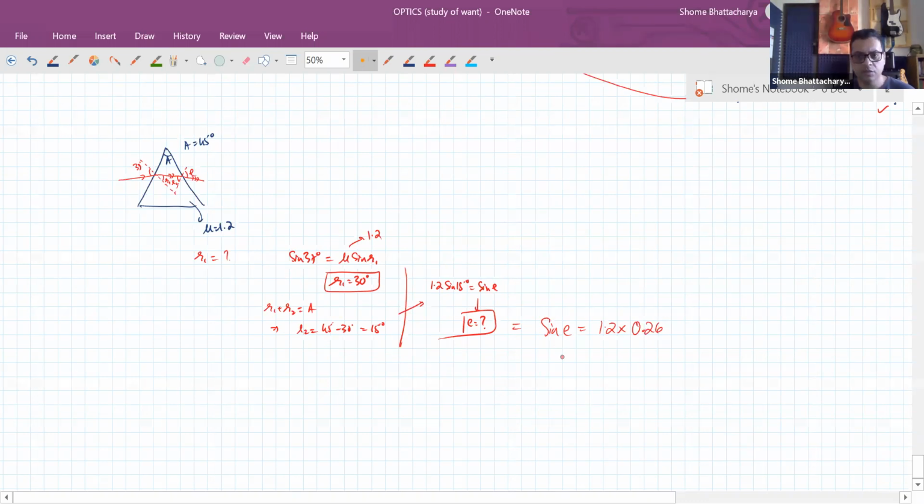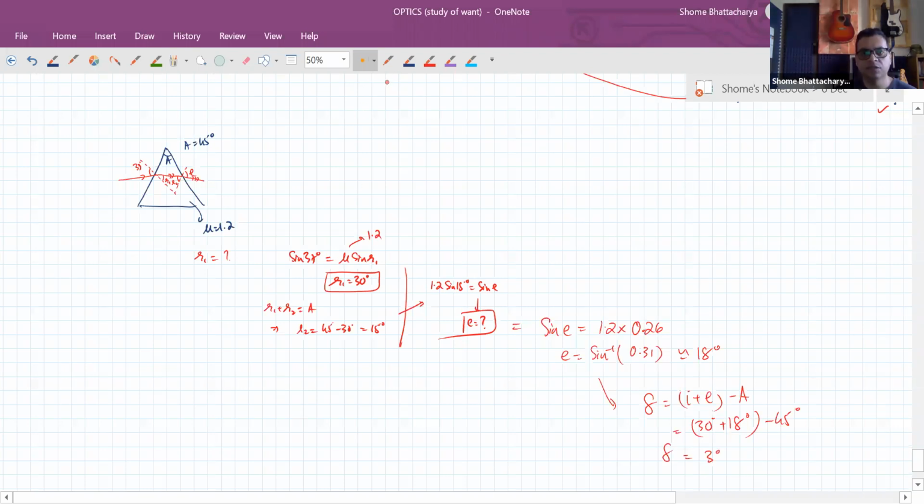So then this E would be sine inverse of about 0.31. If you calculate that, it should come out to be approximately 18 degrees, 18.1 degrees. So we would have got the deviation as I plus E minus A. I was 30 degrees, this was about 18 degrees, minus 45. So you would have got about a 3-degree deviation.